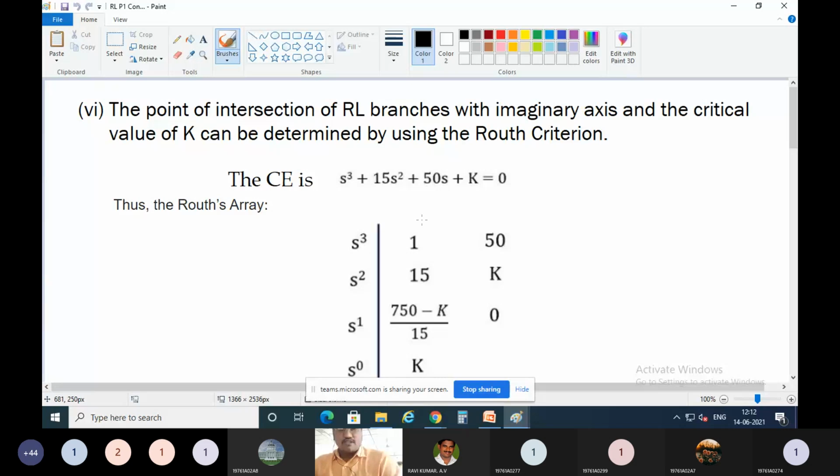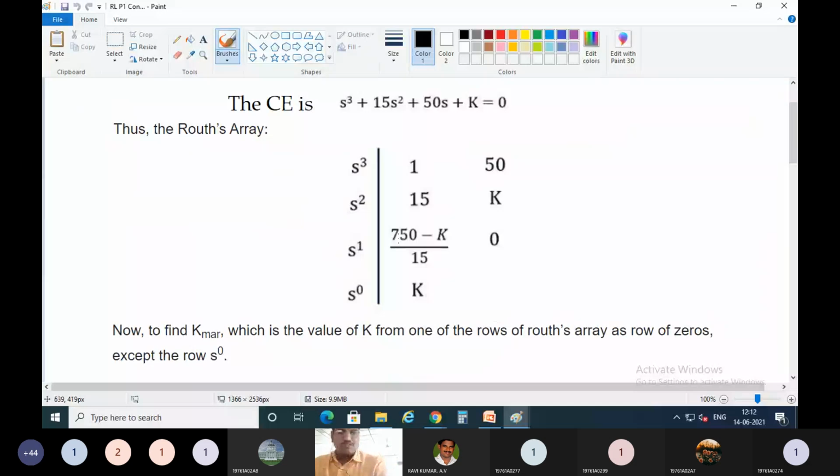The Routh-Hurwitz table: S cube 1, 50; S square 15, K; S1 (750 minus K) by 15, 0; S0 K.